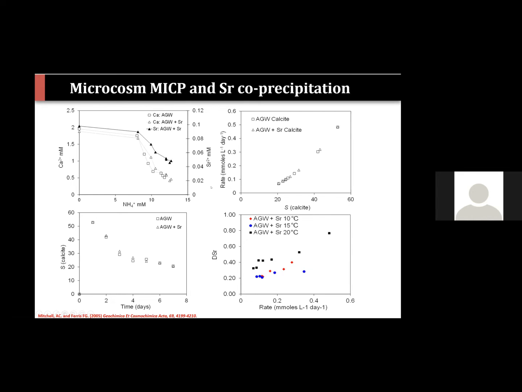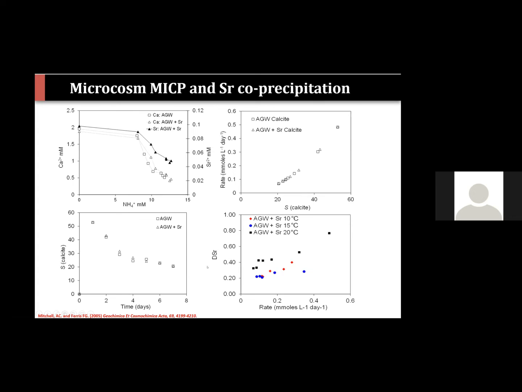We broadly see that reaction rates are proportional to the saturation state for calcite. And over the experiments, and this is the general sort of data we're getting, we see that saturation and rates thus decrease over the duration of the precipitation event.